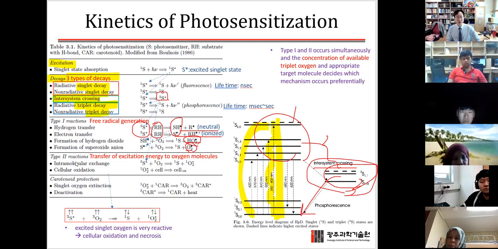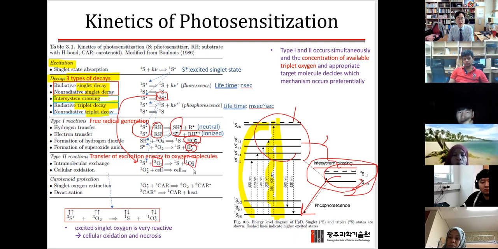The other reaction also comes from the triplet state of the excited energy state. This excited triplet state energy can bind with the triplet state of the oxygen molecule and make singlet excited oxygen.